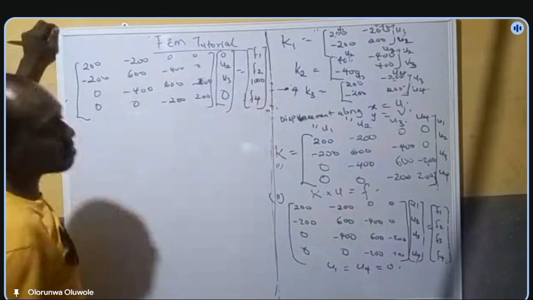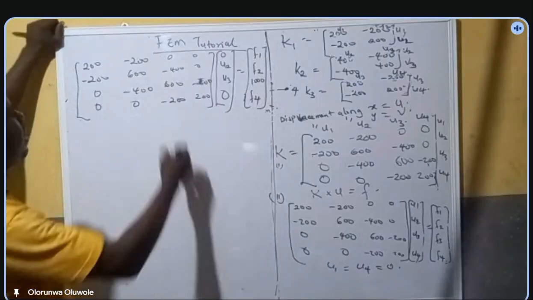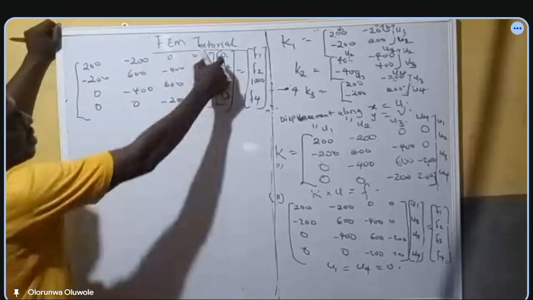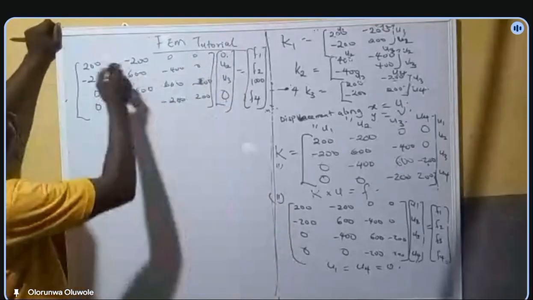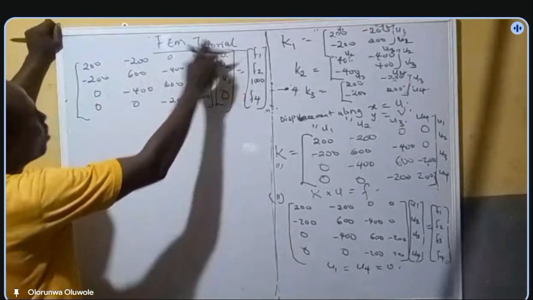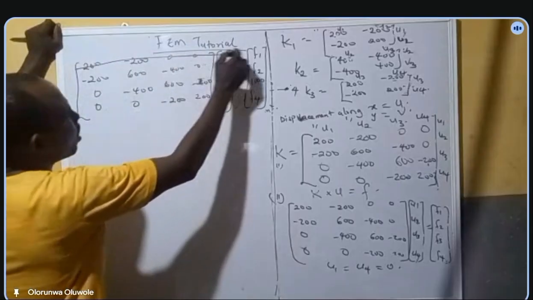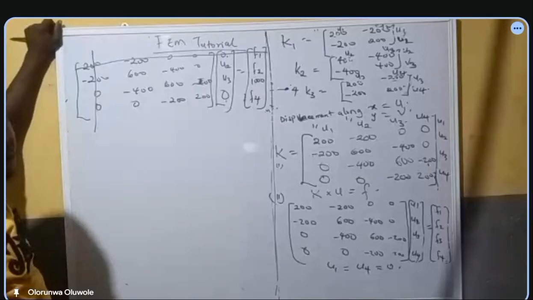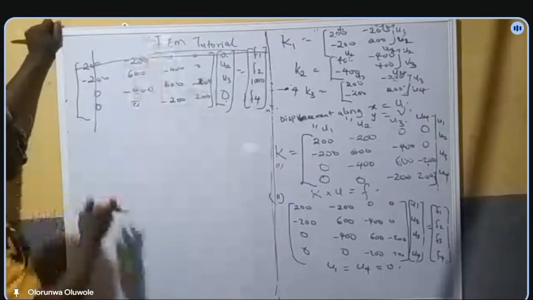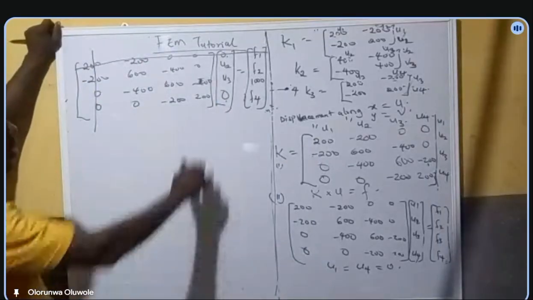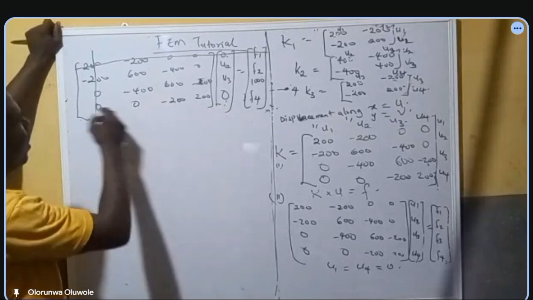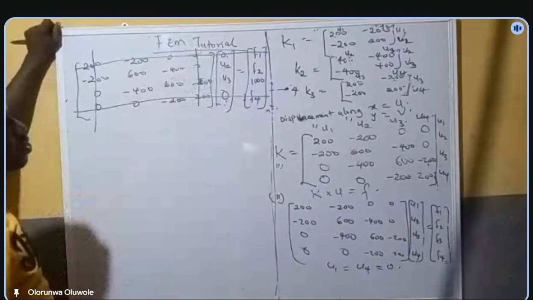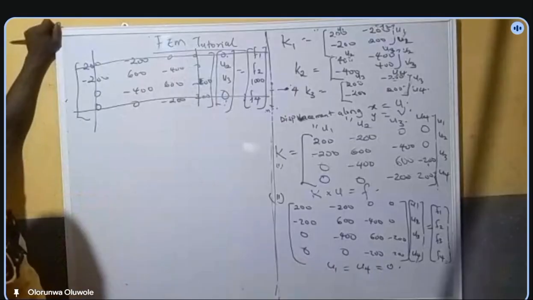Now looking at this equation, since this one is 0 and this one is 0, we are going to do something here. The first displacement is 0. That means that the first row equals 0, and the first column equals 0. Since the last one also is 0, the last row and the last column are also 0. They cancel out.